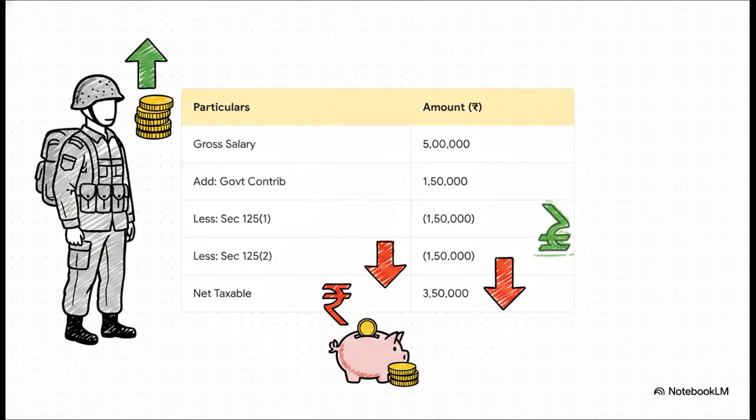So your new gross is actually 6,50,000. Then the deductions kick in. You deduct the employee's own contribution of 1,50,000 under Section 125(1), and then you deduct the government's matching contribution of 1,50,000 under Section 125(2). Your net taxable income ultimately settles at 3,50,000 rupees. It's a very logical flow once you see it in action.